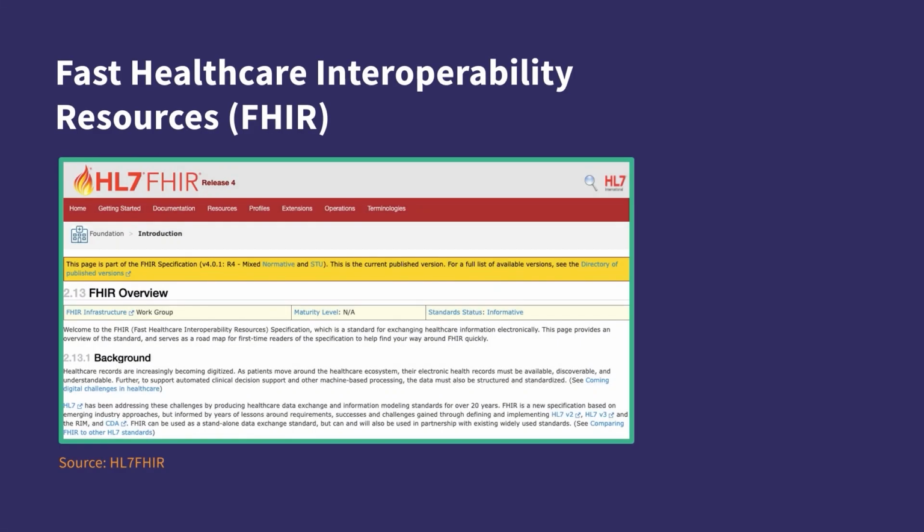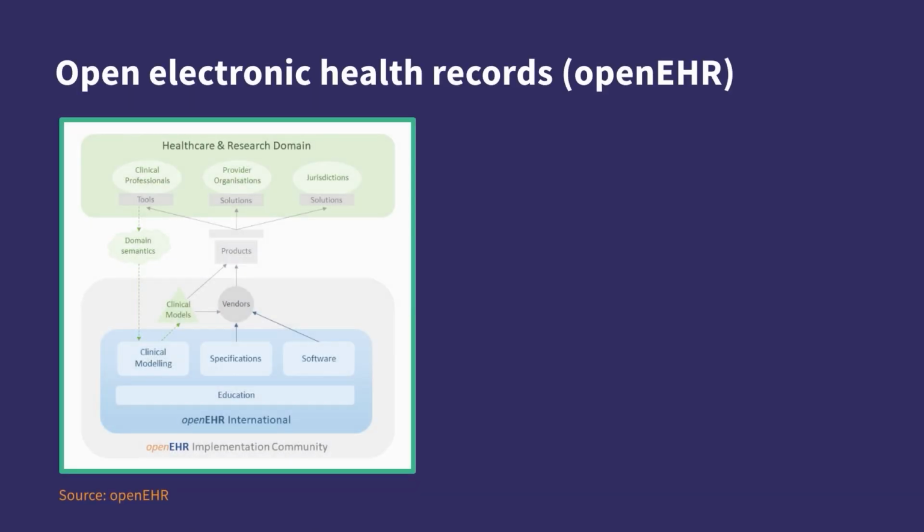FHIR uses a unified structure for describing clinical data elements and a retrieval mechanism. OpenEHR uses a unified information model to describe the electronic health record.